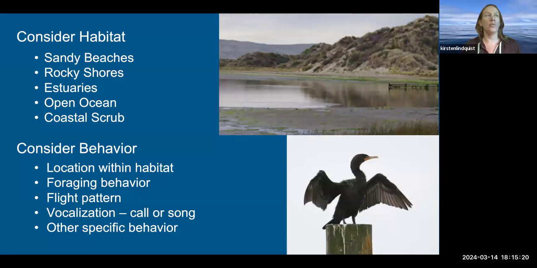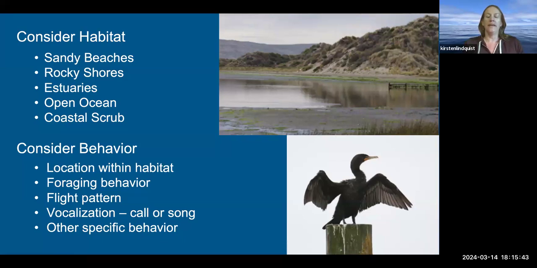So when we're considering what birds we might see, I always consider what habitat I'm in. Am I in a sandy beach habitat, rocky shore habitat, open ocean, coastal scrub? That is always a filter I consider, and it really helps narrow down the number of species that would be most common there.